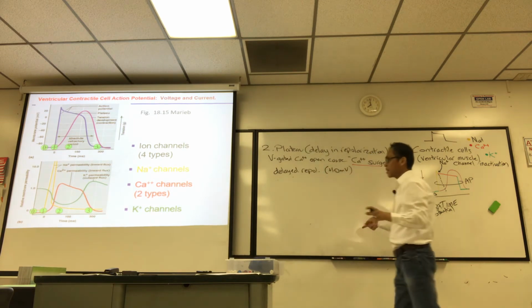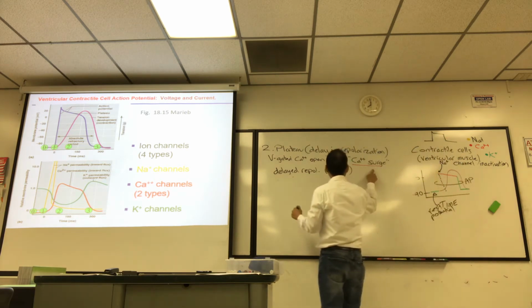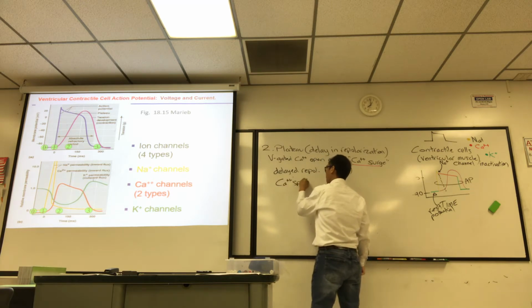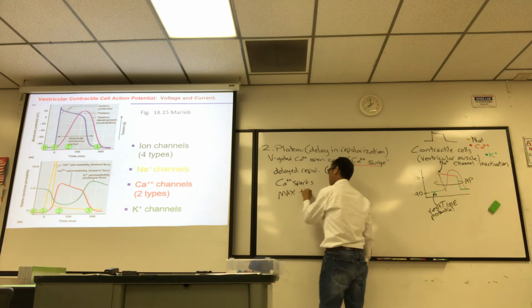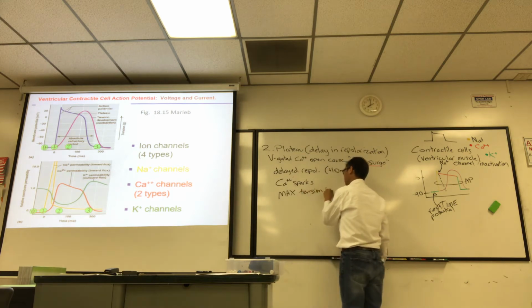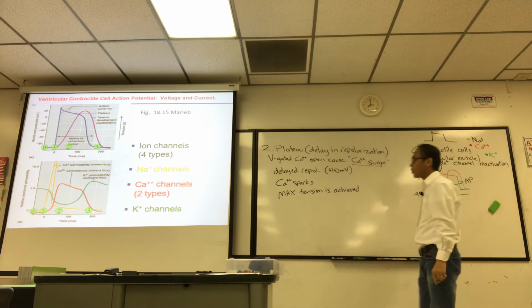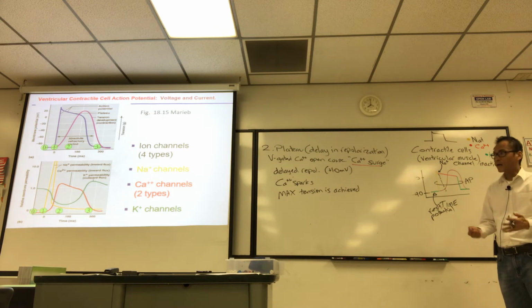You're not repolarizing to negative potential yet. Because that calcium surge will then cause what I call the calcium sparks. And then max tension is achieved. In that order. The other thing that's happening at the same time, I call the potassium plug.